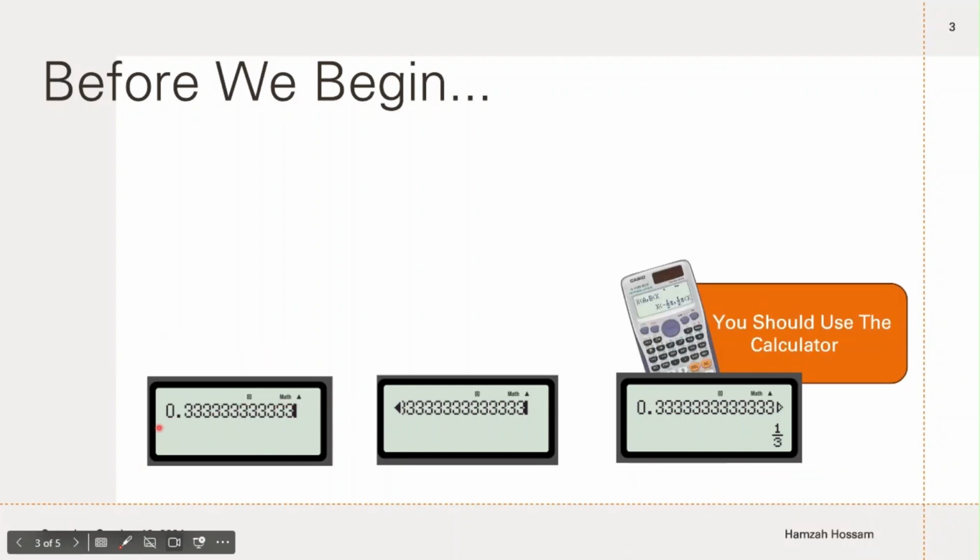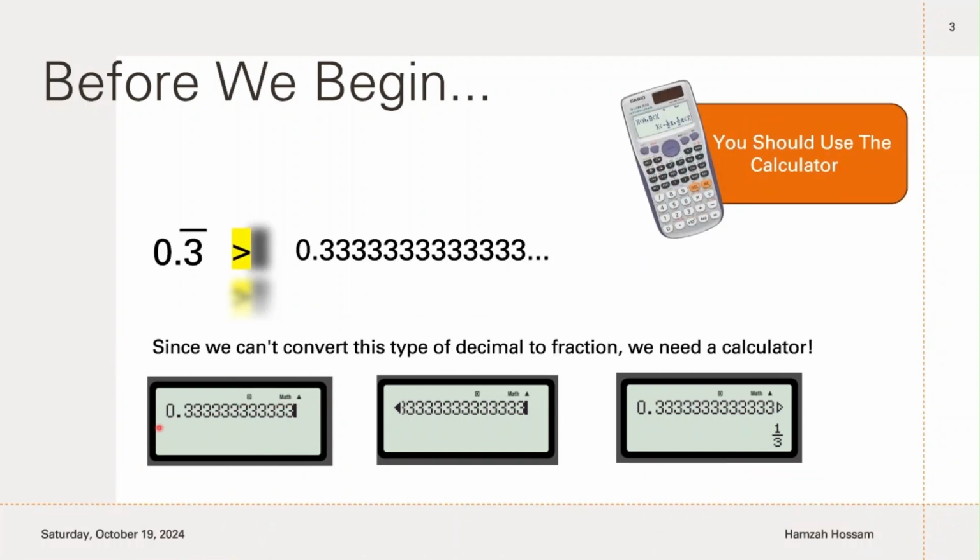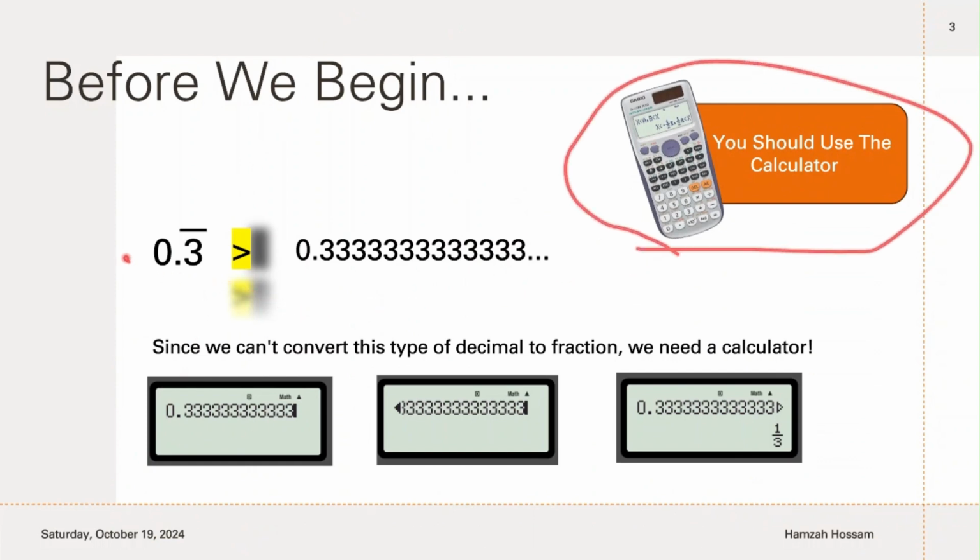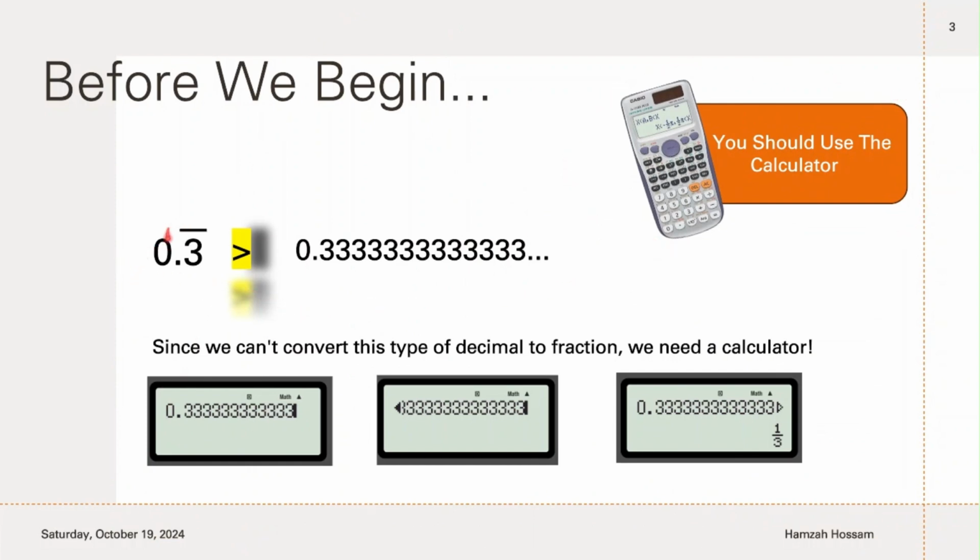Now we got here the important thing. You should use the calculator, okay? So we got 0.3 and this line. What's even this line? This line means that the decimal is infinite. Infinite here means that it has no end, like 0.333333 and so on, and you will even finish your notebook.